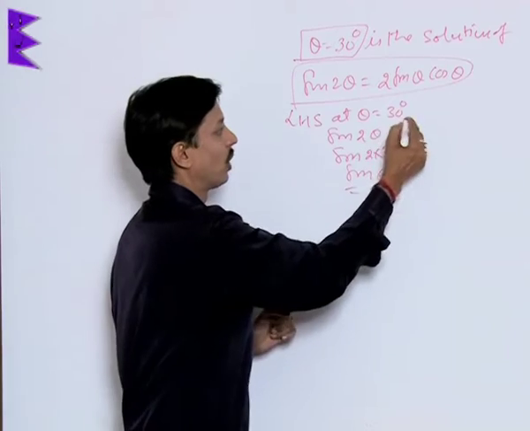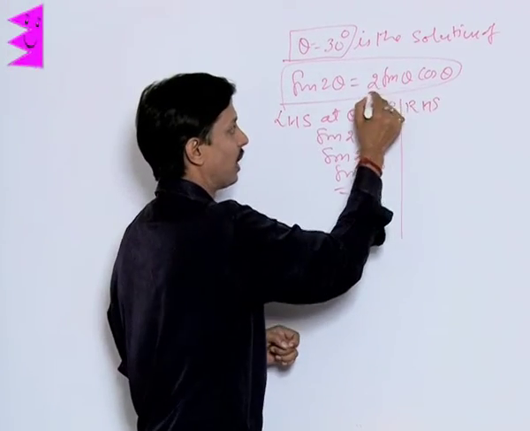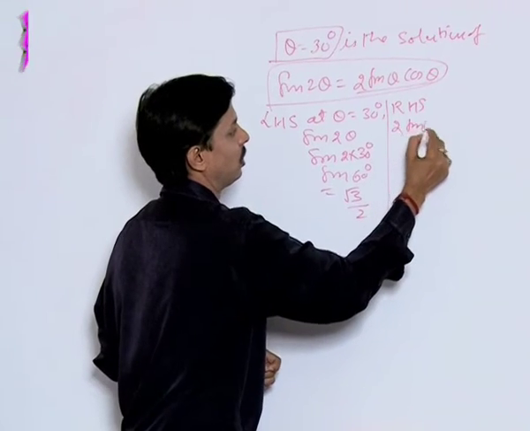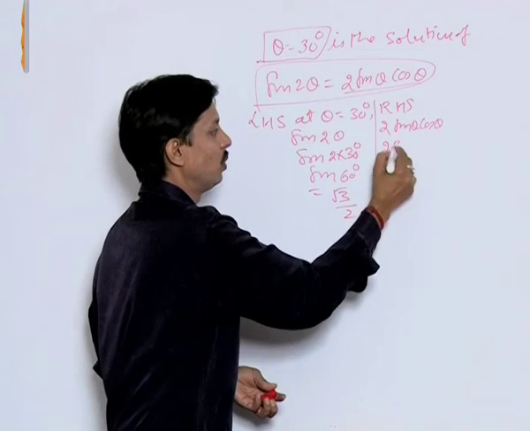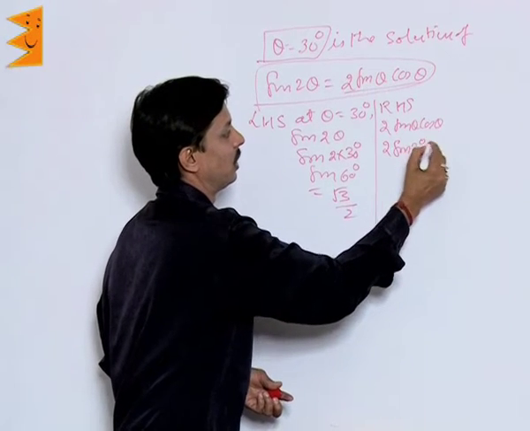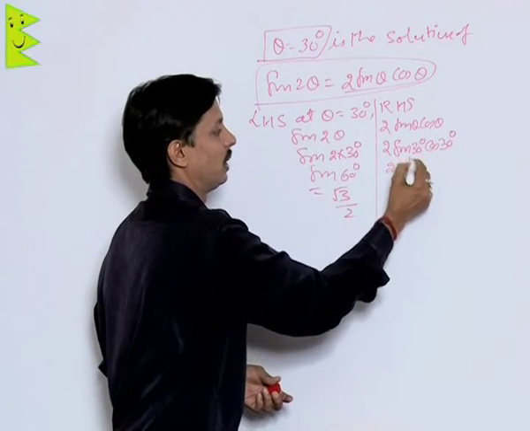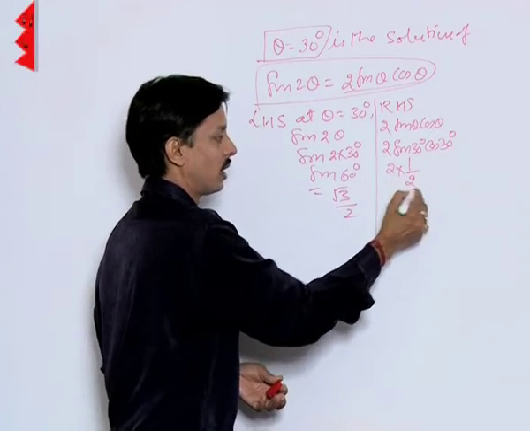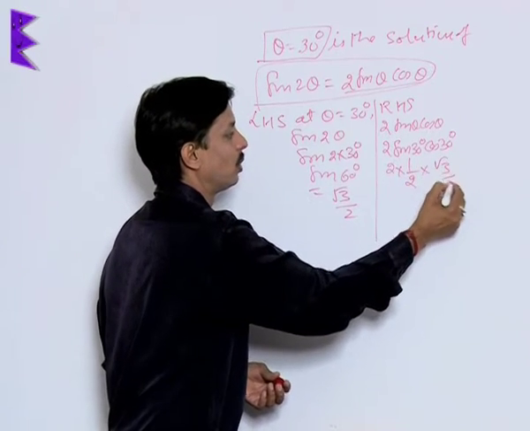Now we will calculate the right hand side, RHS. Our RHS is 2 sine theta cos theta. So this is 2 sine 30 degrees, cos 30 degrees. Sine 30 is 1 by 2 from the table, cos 30 is root 3 by 2.